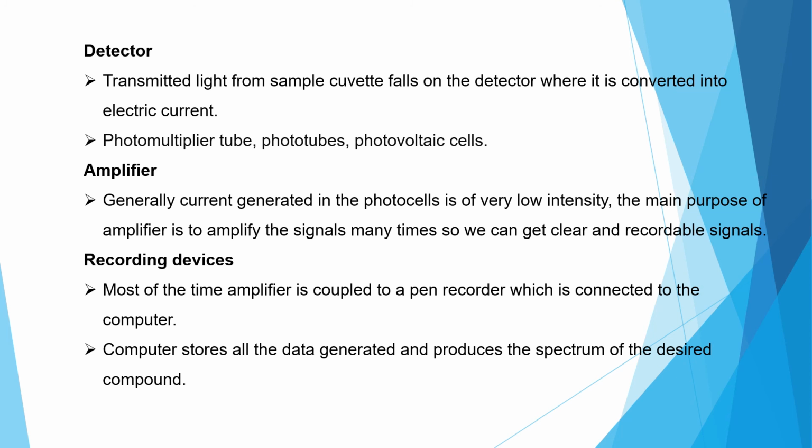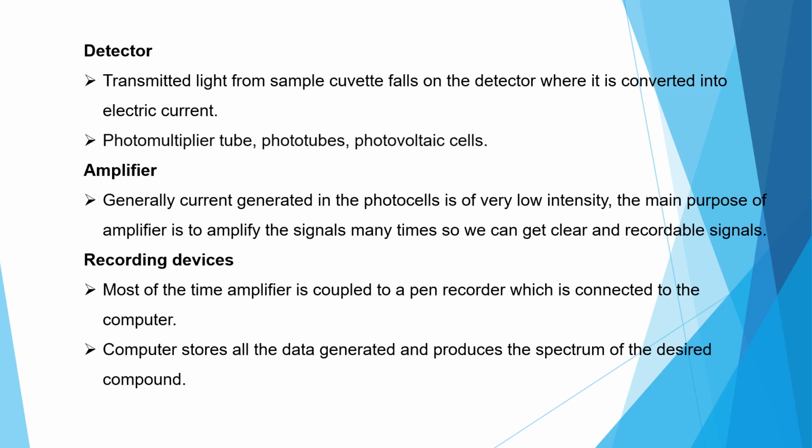So transmitted light from the sample cuvette falls on the detector, where it is converted into electric current. The function of the detector is to convert light energy into electrical energy, and the output current of the photodetector is directly proportional to the intensity of light falling on it.